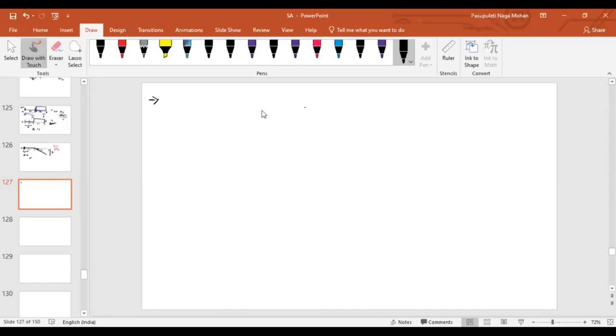Just for that, let us consider a simply supported beam and try to apply whatever we have known. So imagine there is some point around here. See, it's not a hinge, it's just a point. Let us say 2 meter and 3 meter.